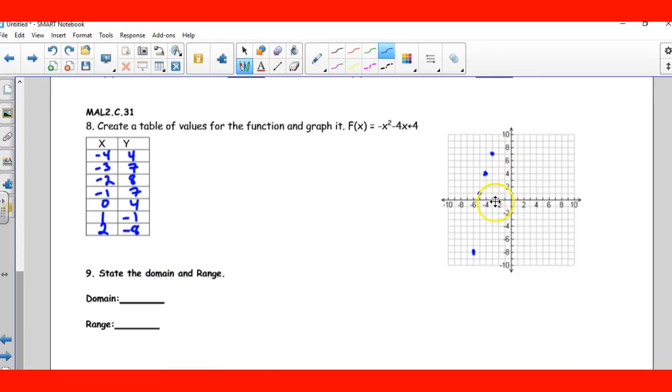Negative 2, 8. Negative 1, 7. 0, 4. And 1, negative 1.